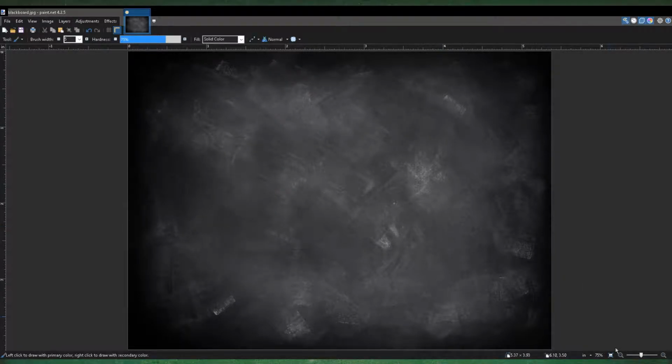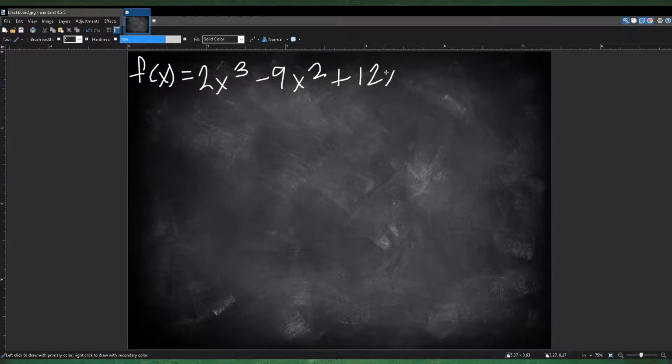So let's use the equation which we used in the first part of our video of chapter 2, part 7. So we have f of x, which is equal to 2x to the power 3 minus 9x squared plus 12x plus 6.